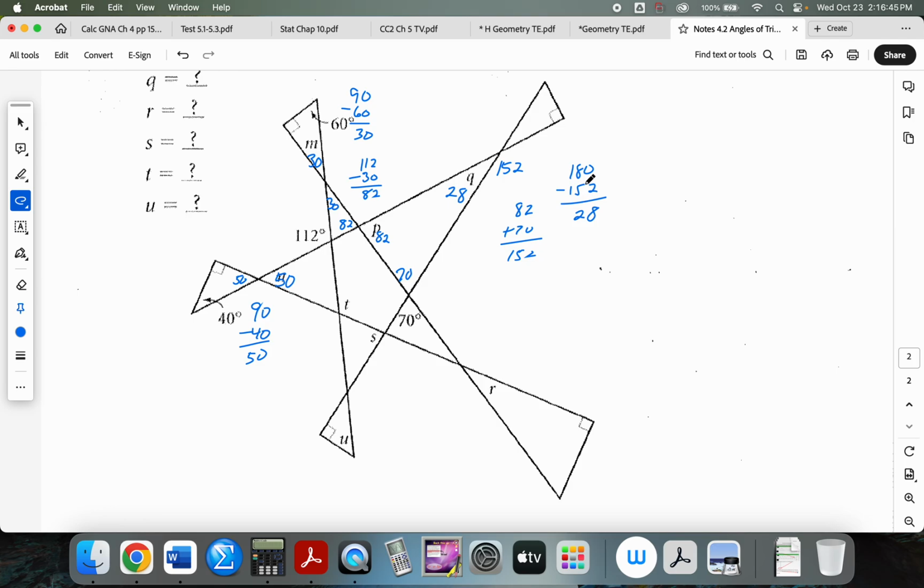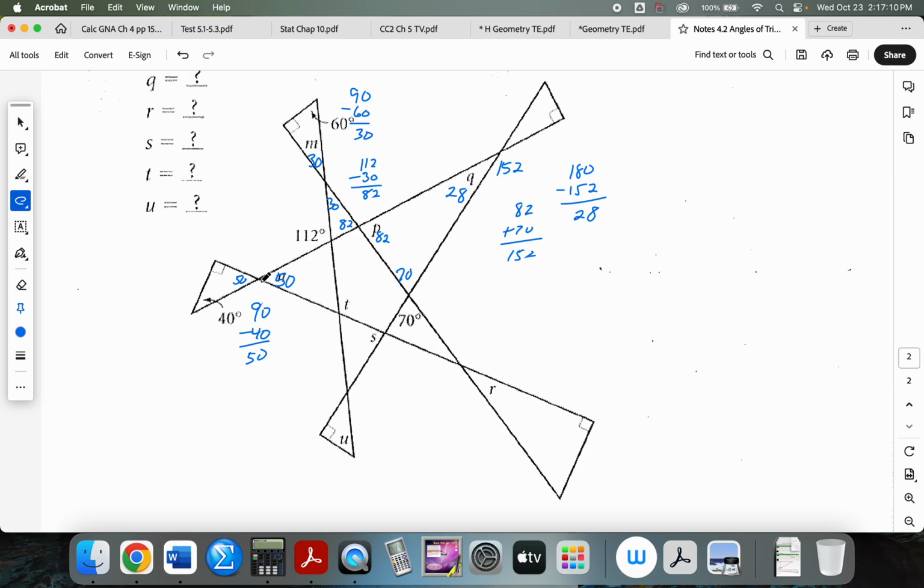And this is where some people get stuck on this problem. They think that there's not enough information to find S, T, R, and U. In actuality, you can find those, but you can't do it just by looking at the little bitty triangles. You're going to have to take a step back and look at bigger triangles.